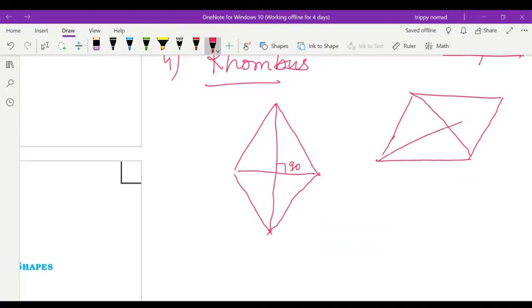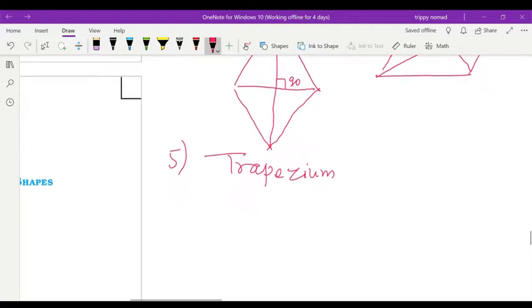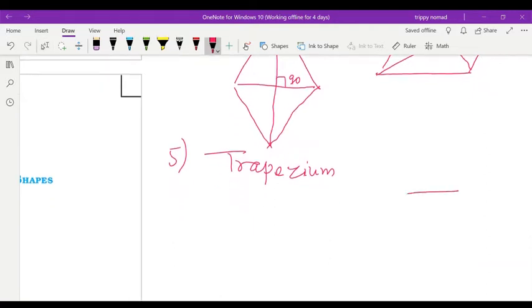Now next one comes the trapezium, the fifth one. In a trapezium, sides are not equal but parallel.